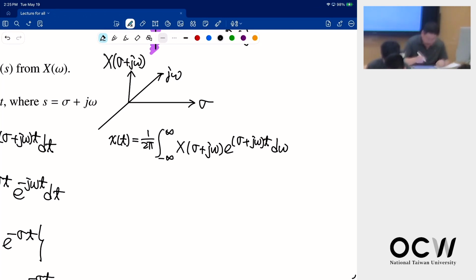And then to get X of sigma plus j omega, or say sigma 1, it is x of t times e to the minus sigma 1 plus j omega t dt.